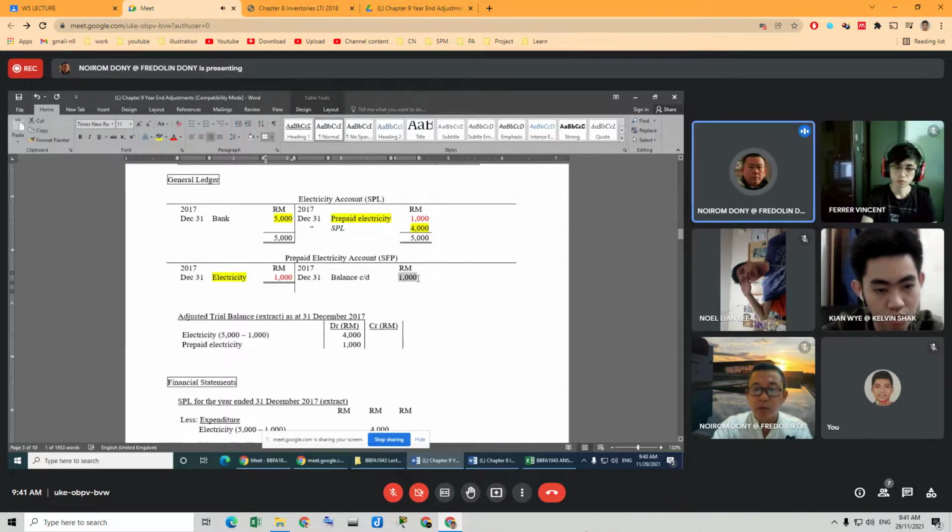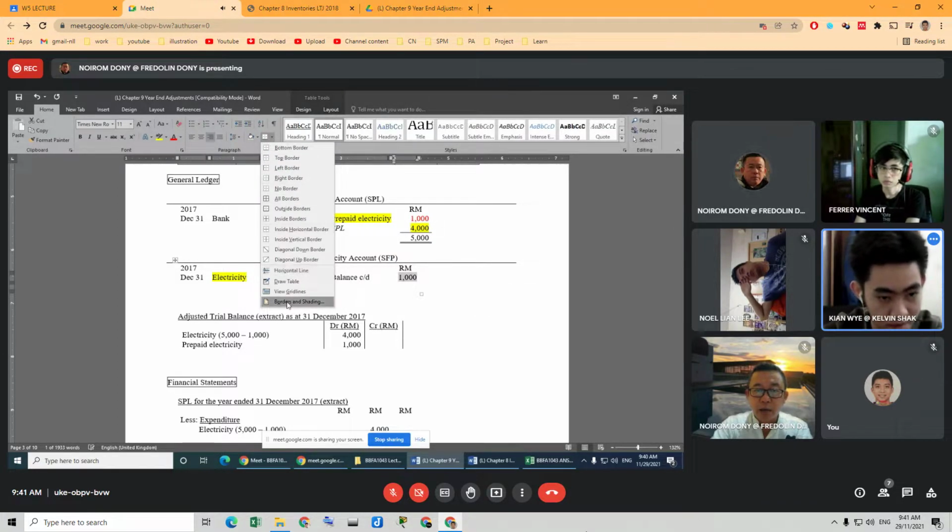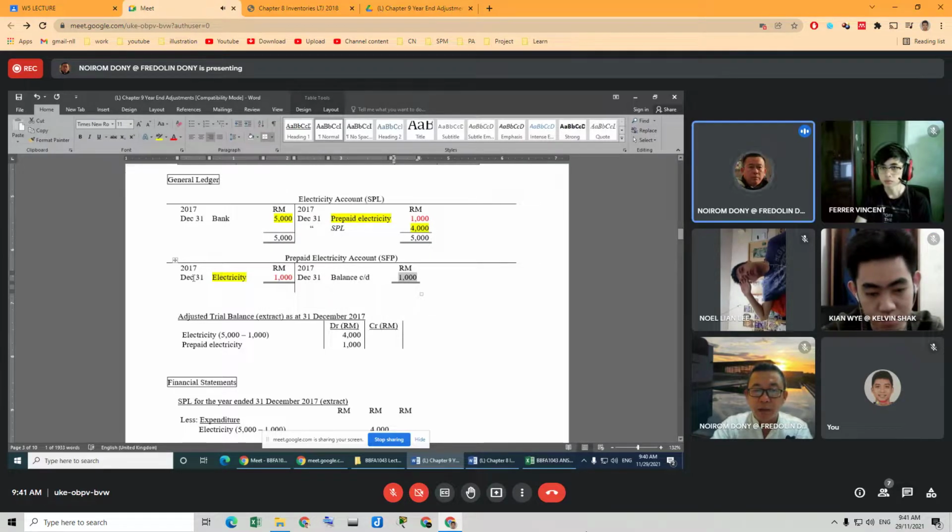Must use the correct line. And then complete the double entry. This is c/d, and you must have balance b/d.